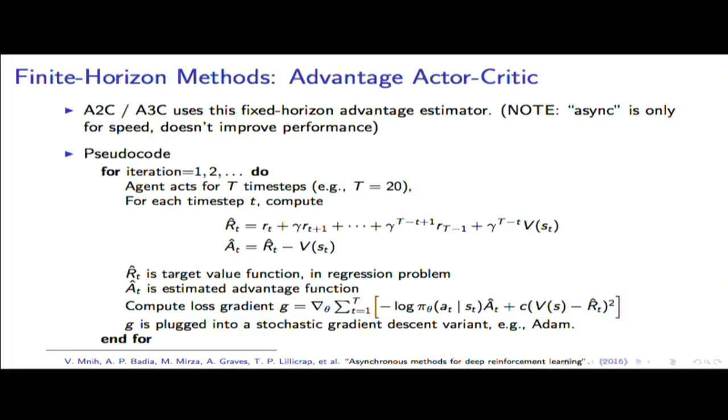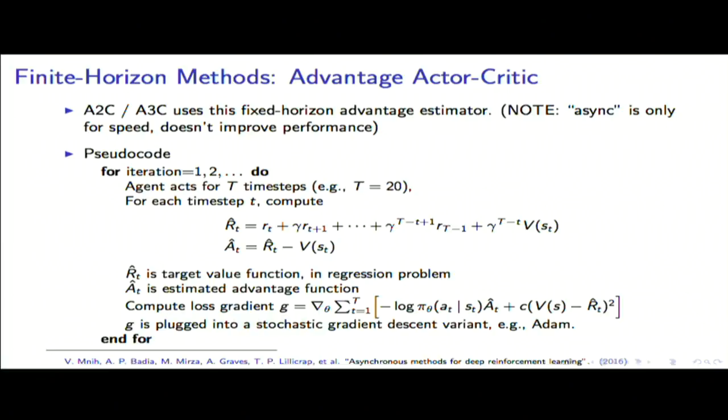The network outputs the policy probabilities and also the value function, with shared parameters. The return r hat is just the target value function in a regression problem, and a hat is the estimated advantage function.